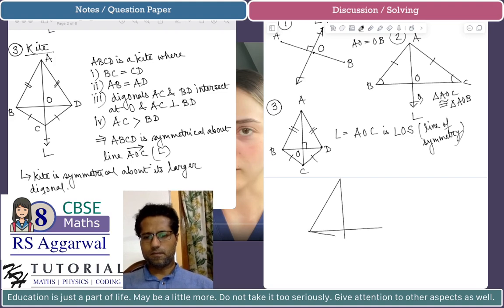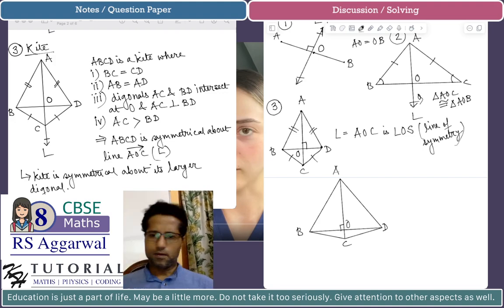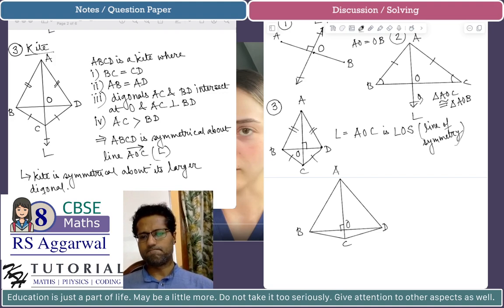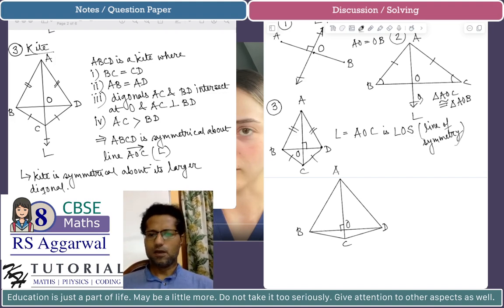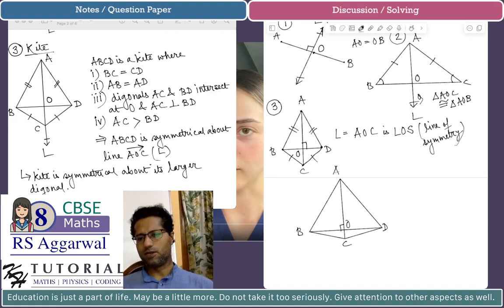A, B, C. So here, as you can see, in this kite ABCD, the diagonals AC and BD are more or less equal, but still it is a kite. And also see that this kite is symmetrical about the diagonal AC, not BD.